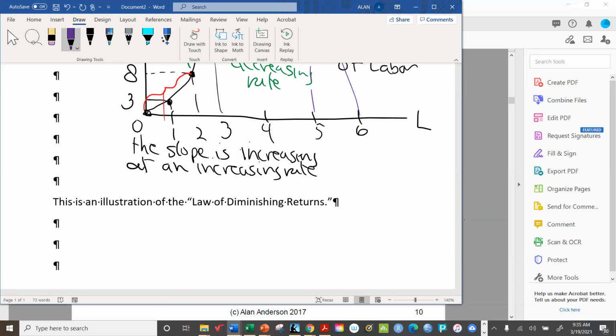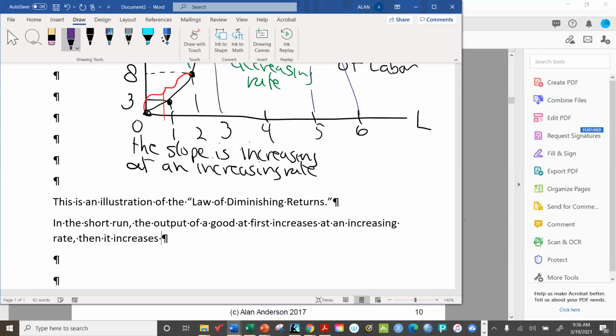This is something that whenever we're in the short run, the output of a good at first increases at an increasing rate, then it increases at a decreasing rate, before reaching a maximum value, and then decreasing.